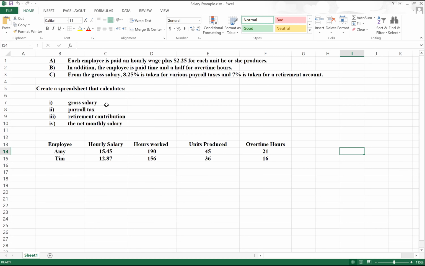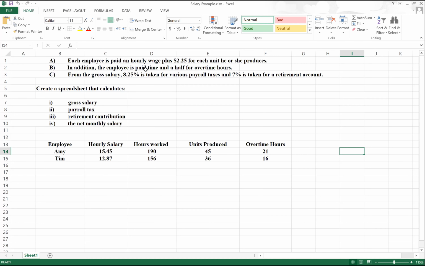All right, so now the question is asking us, each employee is paid an hourly wage plus $2.25 for each unit he or she produces. So this is like a bonus, right? Something like commission. So if a unit is produced, you pay an employee $2.25 based on their performance, right?